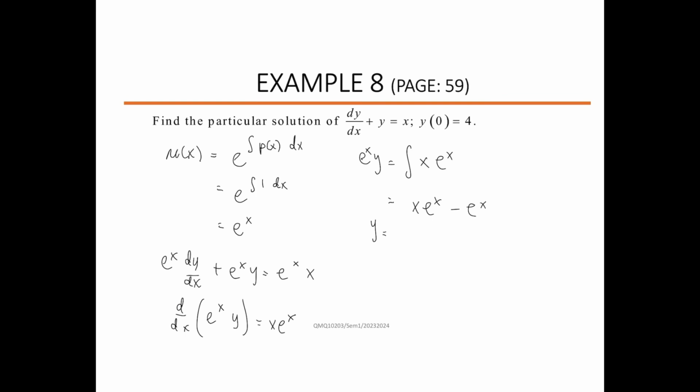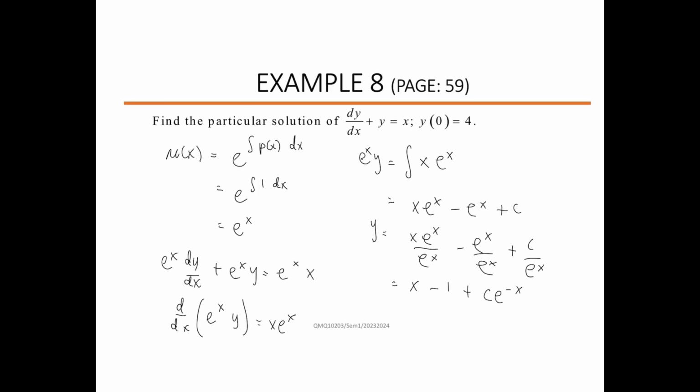Hence y equal to, divide everything by e^x, and don't forget plus constant of integration c. So x e^x divided by e^x minus e^x divided by e^x plus c divided by e^x. So we have x minus 1 plus c e^(negative x).